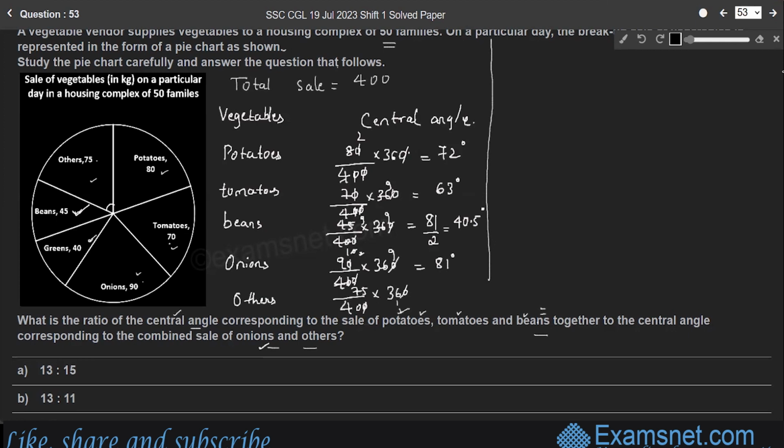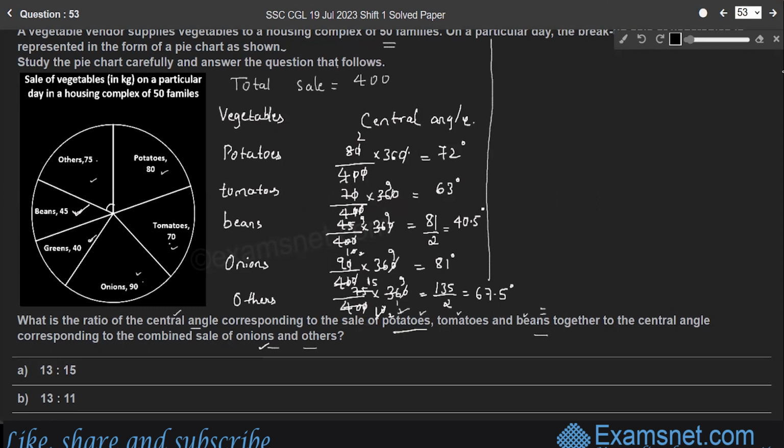So which is equal to 4 into 10, 4 into 9, 5 into 2, 5 into 1, then 5 into 5. So 135 by 2, which is 67.5 degrees, the central angle corresponding to others.